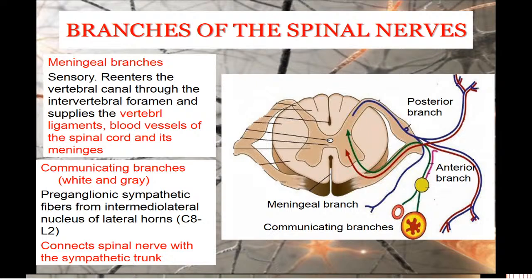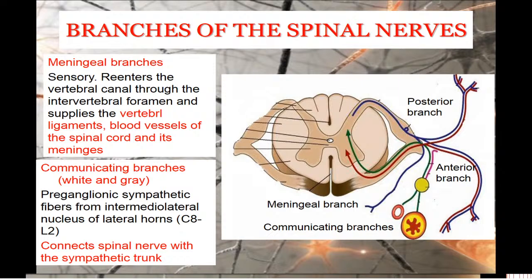The meningeal branch was mentioned before. It is sensory and supplies the meninges, especially the dura mater, which is the only one that has sensory innervation. Communicating branches, I told you, are represented by the white and gray.